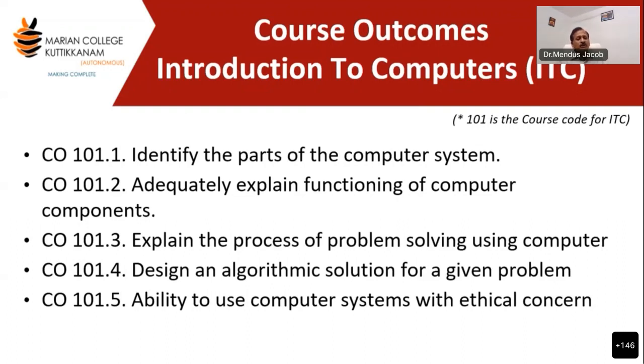CO 101.1 means the course code is 101, and .1 is the code of course outcome number 1. Similarly, we have 5 course outcomes. Now we have the POs, PSOs, and COs. Once we define the COs, then we can design the syllabus. So it is already there.